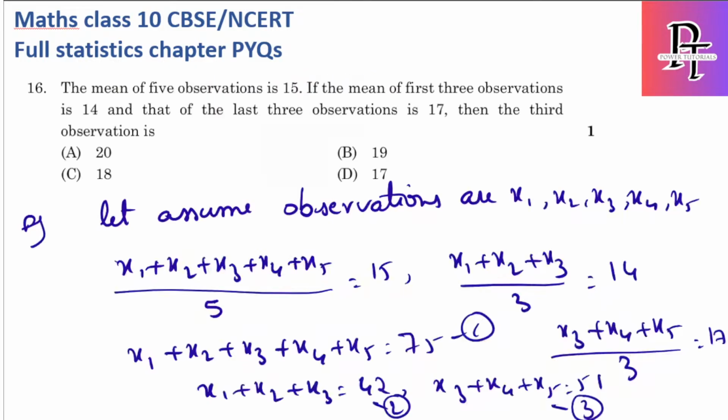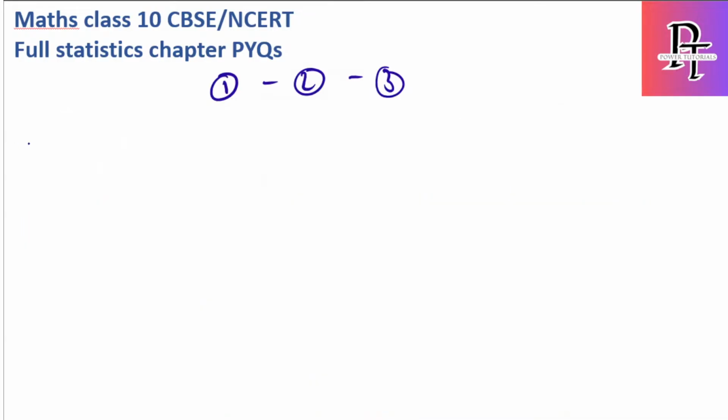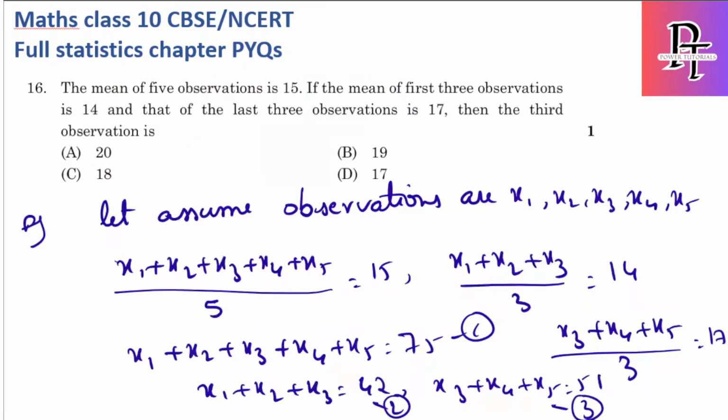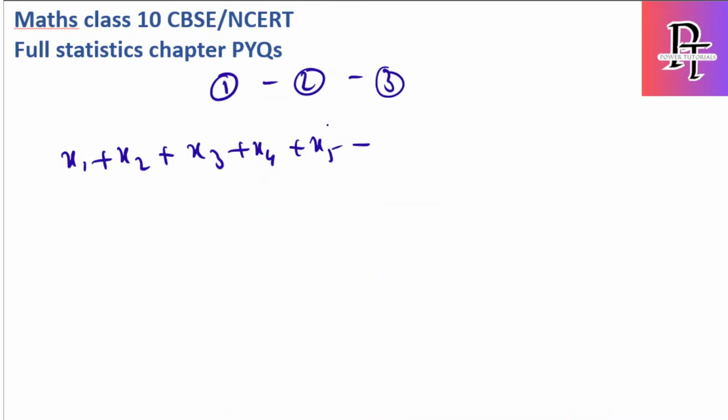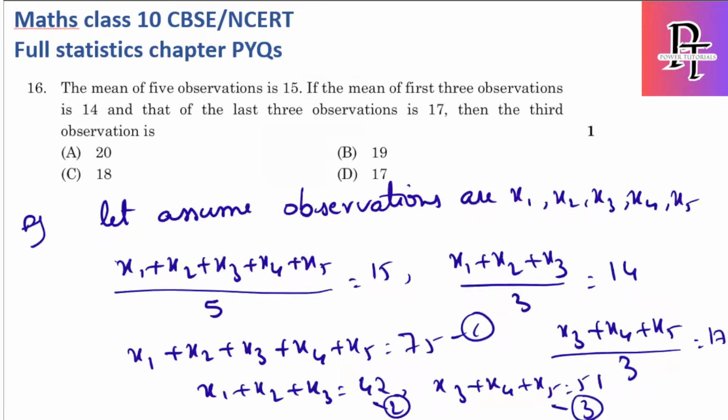What will happen? x1 + x2 + x3 + x4 + x5 minus x1, x2, x3, and again minus x3, minus x4, minus x5 is equal to 75, 42, 51.